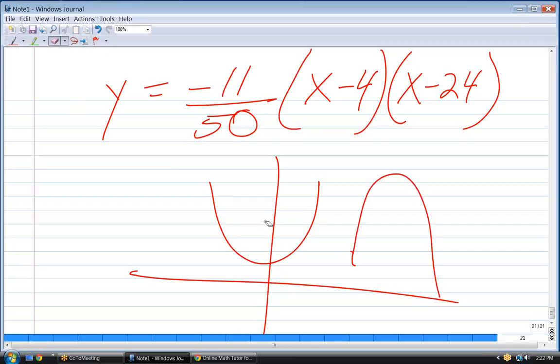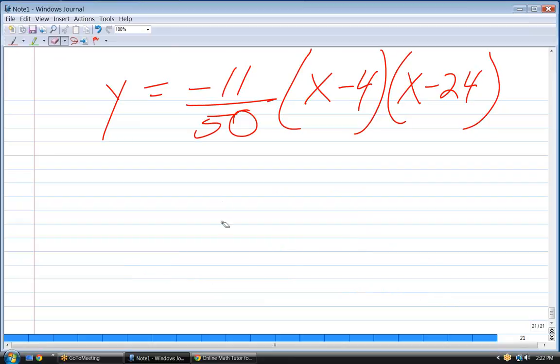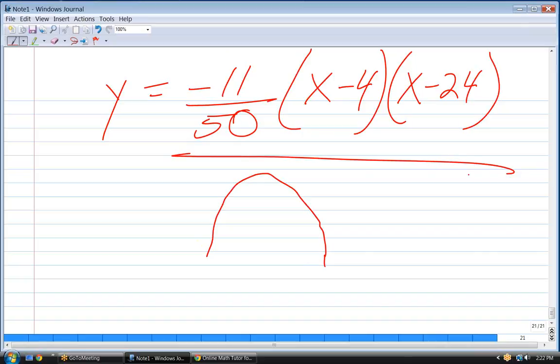So the fact that we're talking about a tunnel here makes all the sense in the world. There's our tunnel shape right there. The shape of that tunnel is this quadratic right there. It says find the width of the tunnel at ground level.